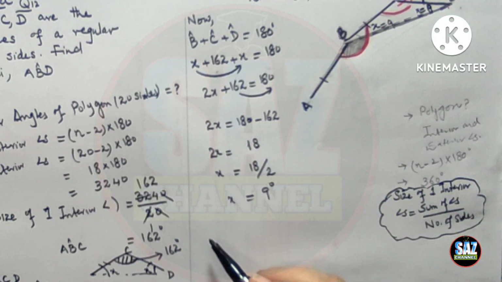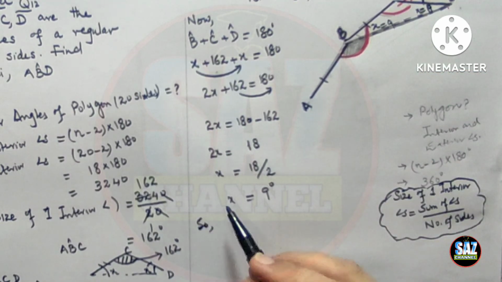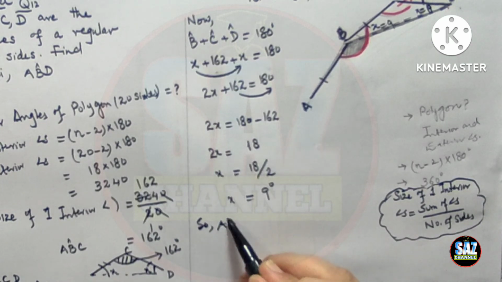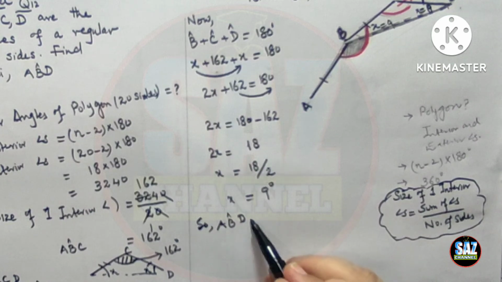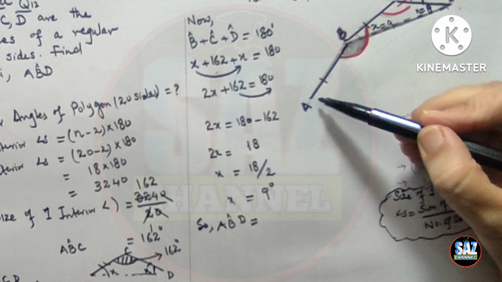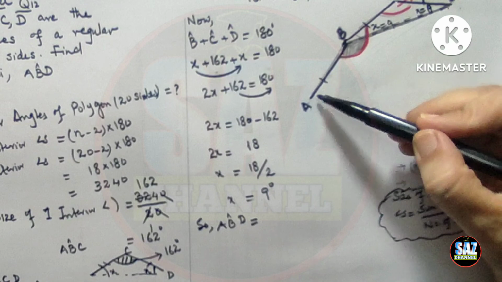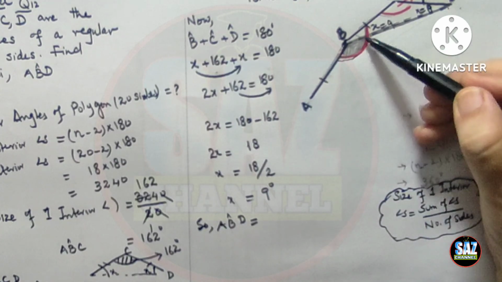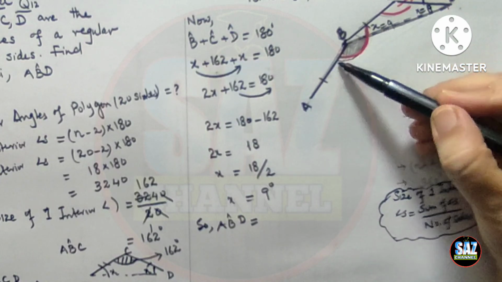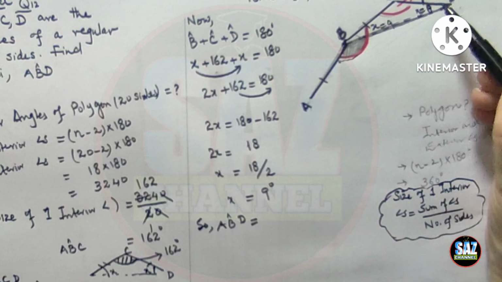The requirement of the question is angle ABD. So, what will angle ABD be equal to? Look at the diagram carefully for the notations. The problem is that we need to find this portion only. We have this total of 162 degrees, and we have this angle CBD of 9 degrees.